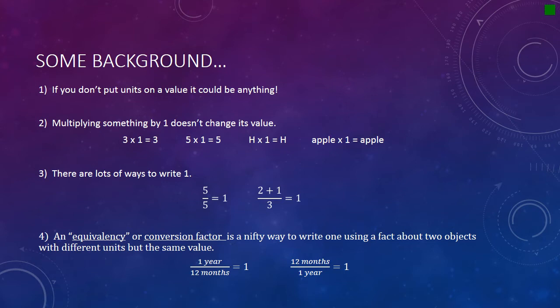In essence, when we use these equivalencies or conversion factors, we can change the value and the units, but we don't change what those values represent or the total amount. It's reversible, and we could always go back to our original measurements and they'll be equivalent.